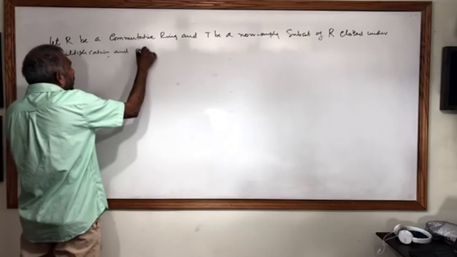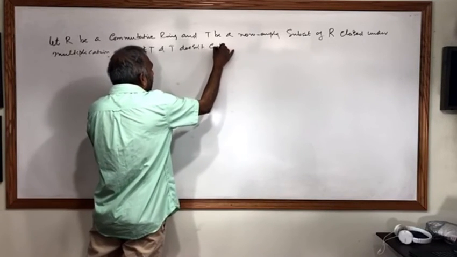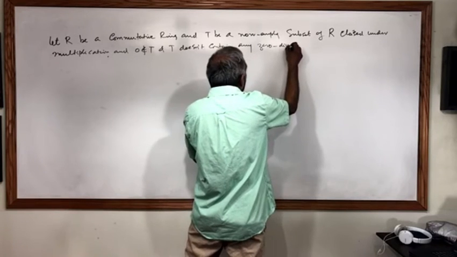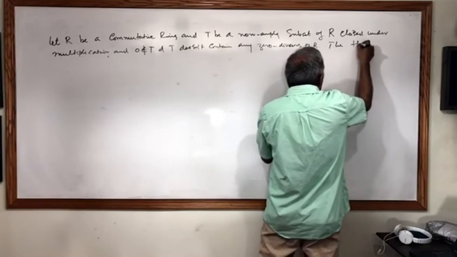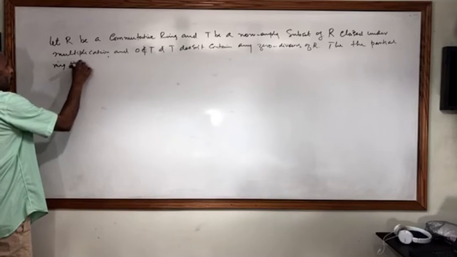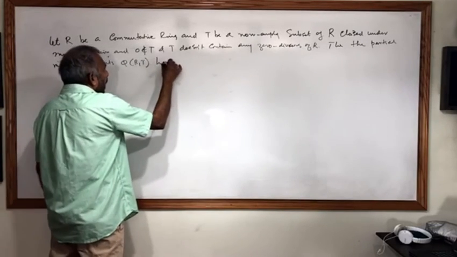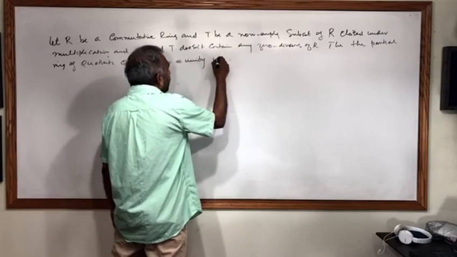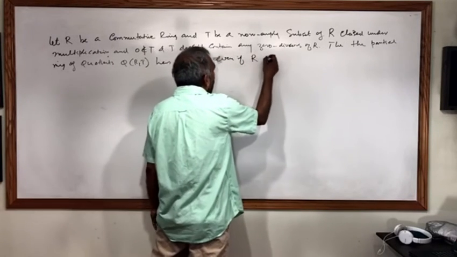And 0 does not belong to T, and T does not contain any zero divisors of R. Then the partial ring of coefficients Q of R, T has a unity even if R does not.